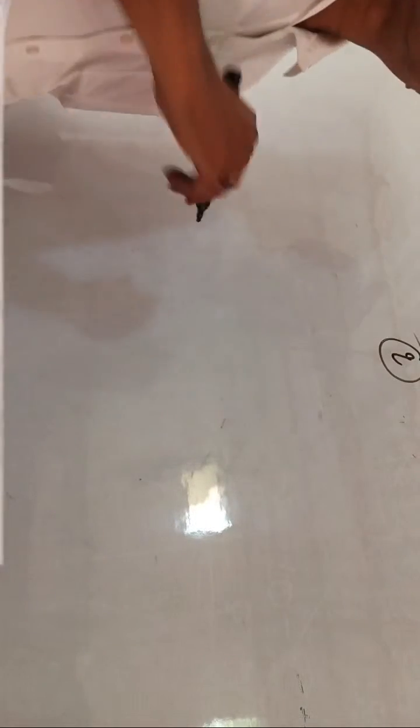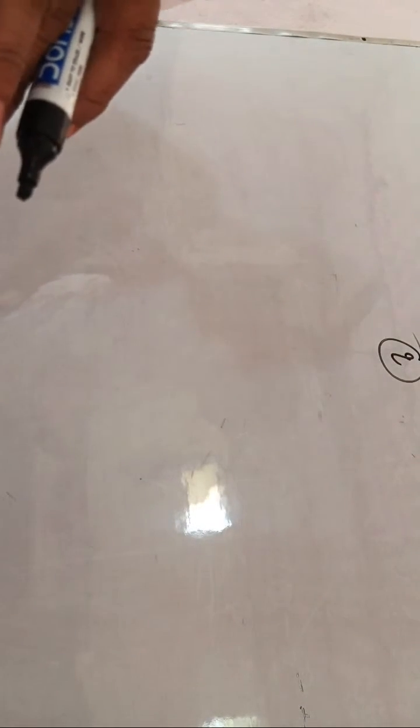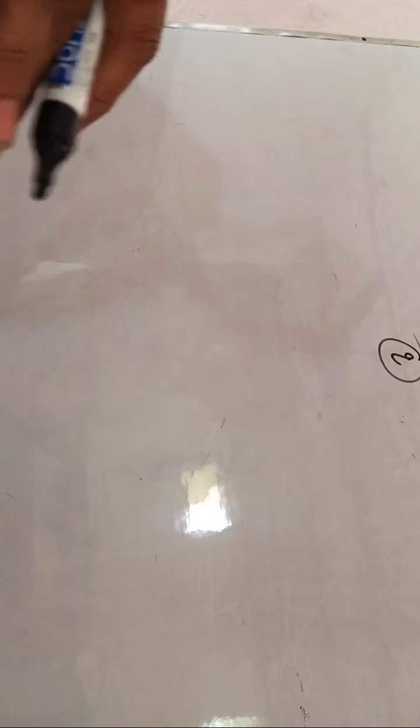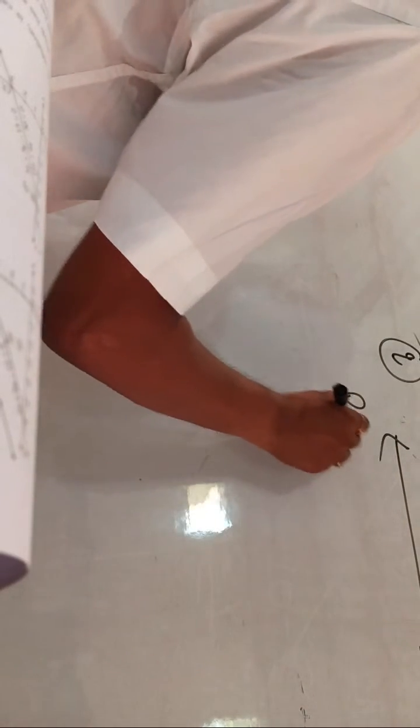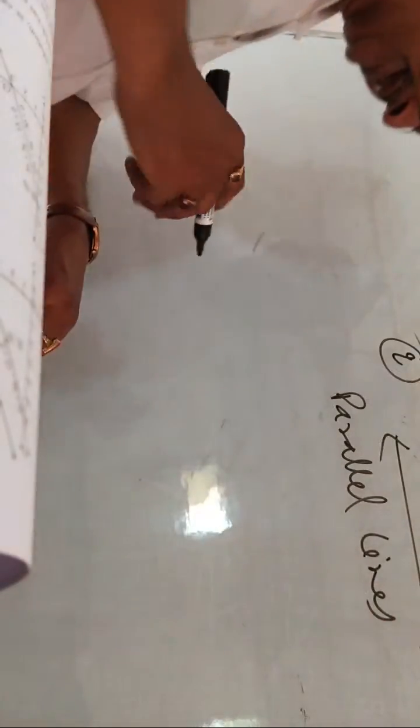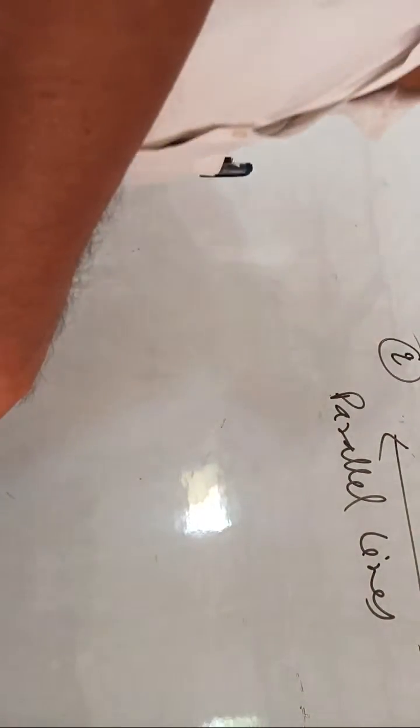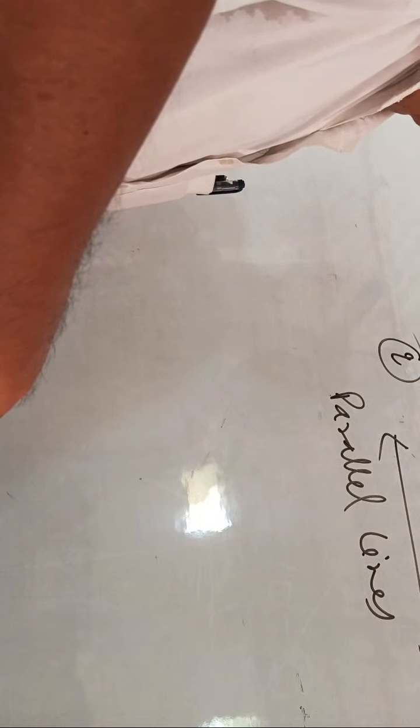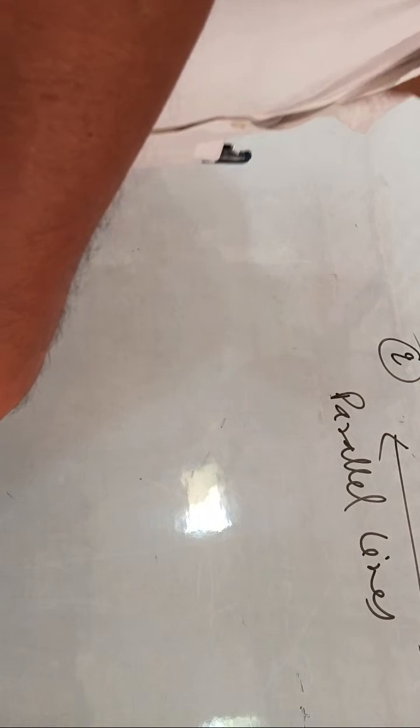Now you may have the second condition. In the second condition, you may get parallel lines like this. When the lines are parallel, then they will not intersect at any point.